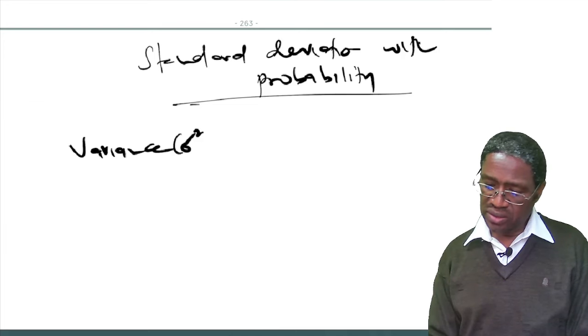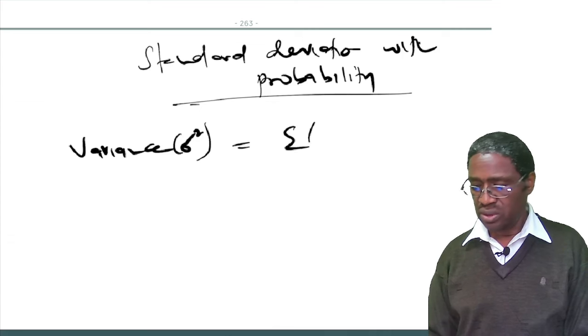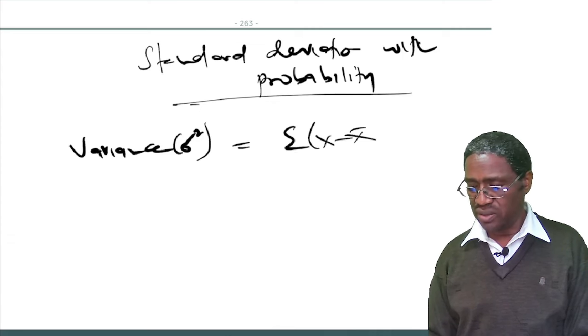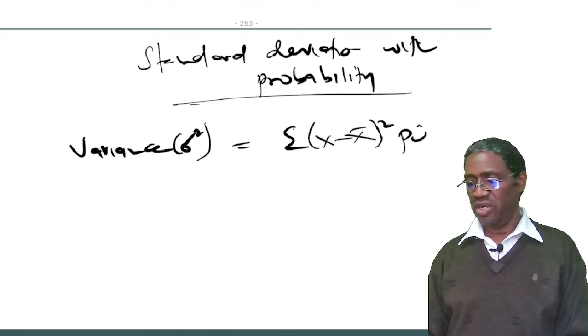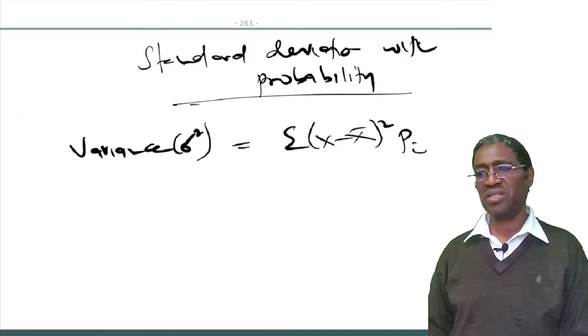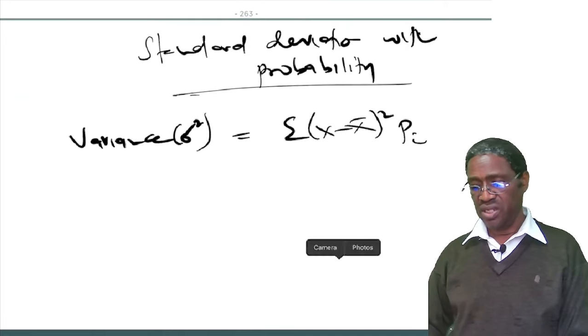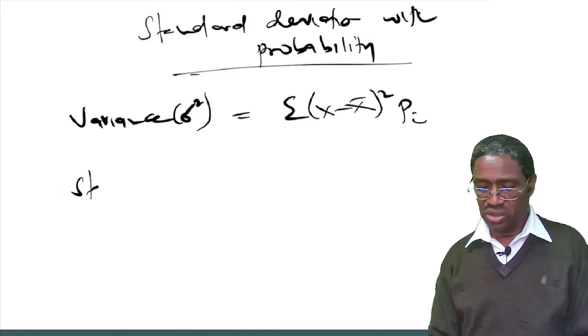Theta squared is equal to the summation of x minus x bar squared pi. That's probability. Then I come and say, but I'm looking for standard deviation.